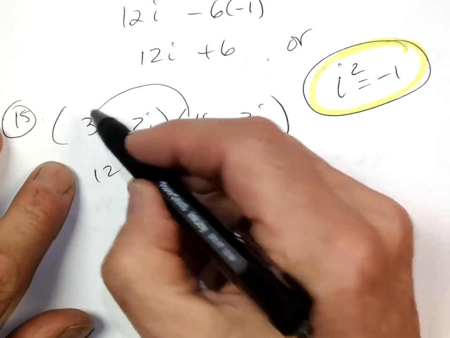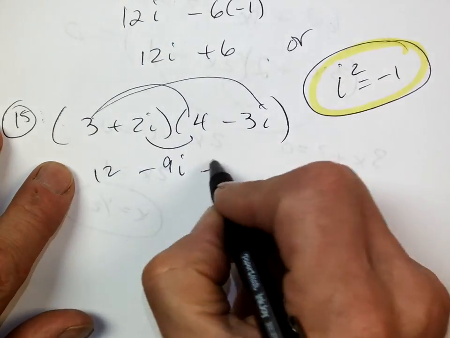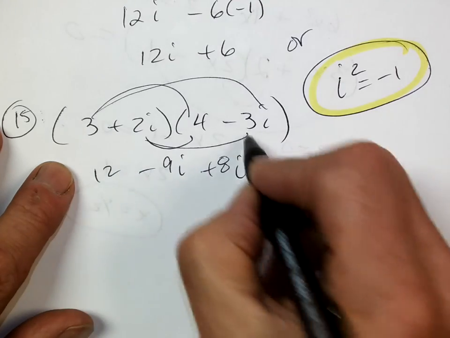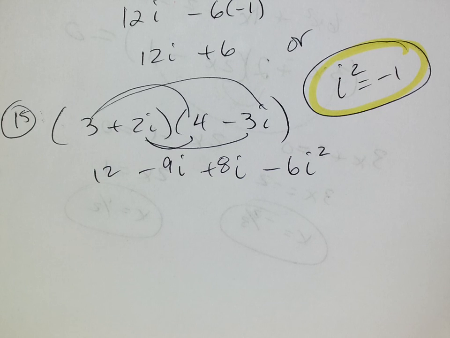12 minus 9i plus 8i minus 6i squared. And I'll step back and let you catch up. We just went first, outside, inside, last. How am I doing? So I can combine those.